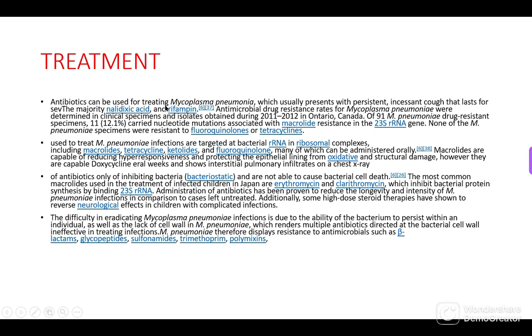But in some cases you can also use a combination of macrolides or tetracycline or ketolides and fluoroquinolones, which may be administered orally. But if the patient's pneumonia score is high, then you have to give parenteral antibiotics. Otherwise, oral are enough.